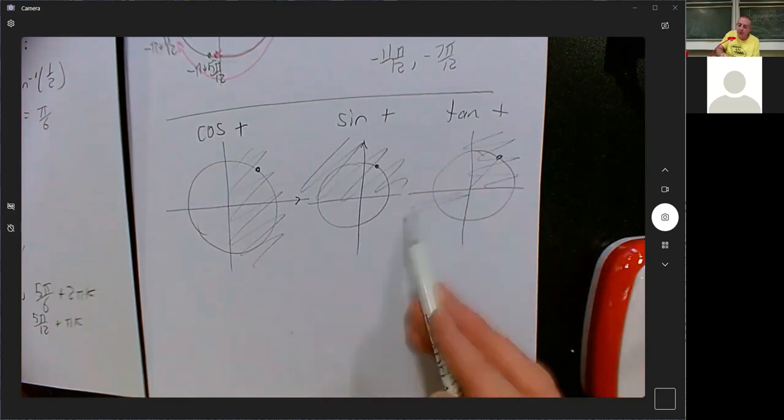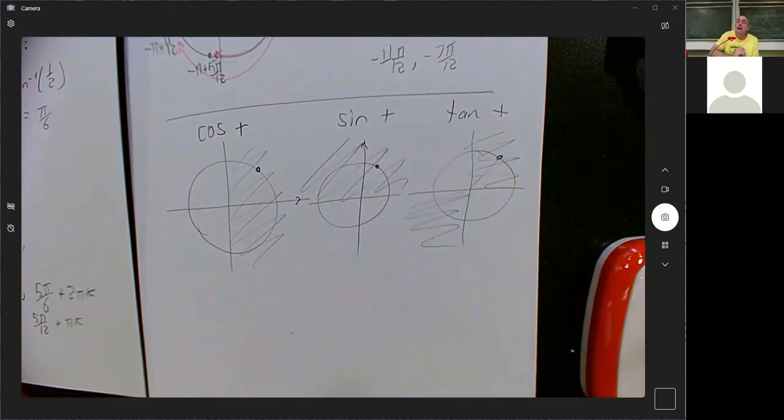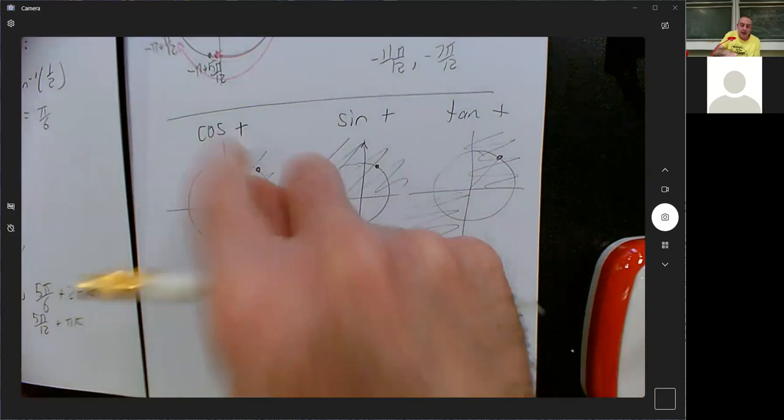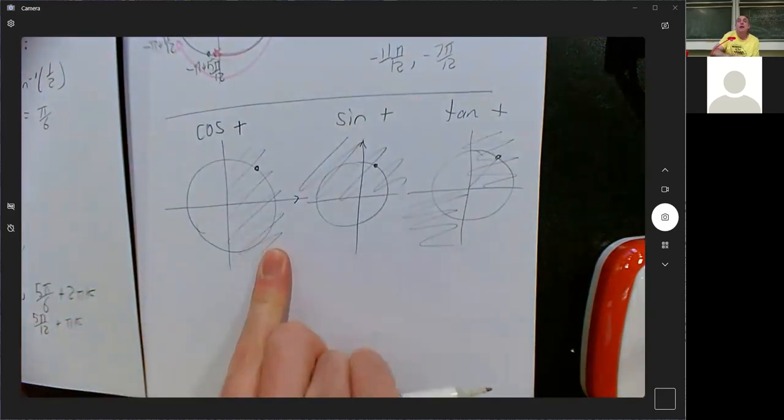and the slope is positive here. And I know a lot of people remember the ASTC thing, but I am much more visual than that, and I have real trouble remembering the correct order of letters. I don't know if you've been watching closely, but I don't always write on the page the first letter of a word when I start writing it.